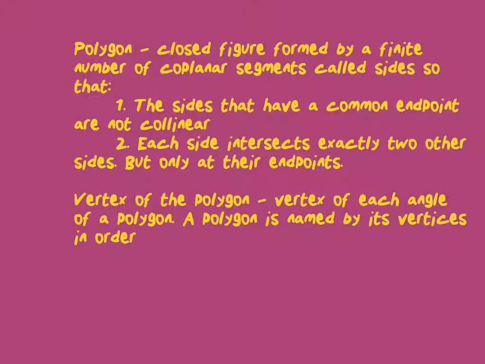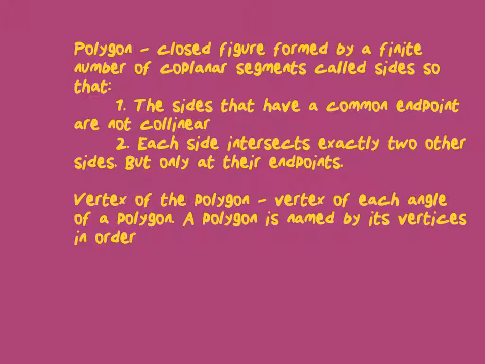Stipulation number two, each side intersects exactly two other sides, but only at their endpoints, meaning that you cannot have two lines intersecting each other somewhere in the middle of that line. It has to be at their endpoints. If it's not at their endpoints, then it's not a polygon.